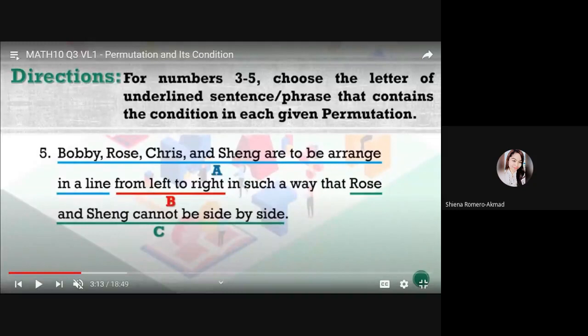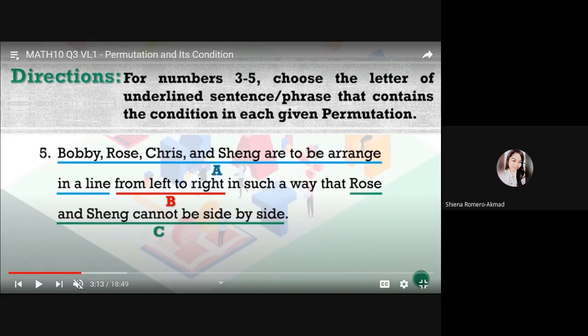How about letter C? Yes? Bakit letter C?